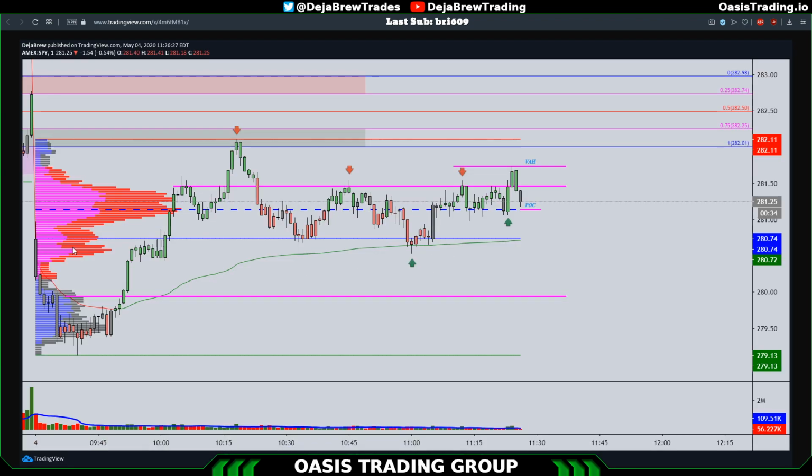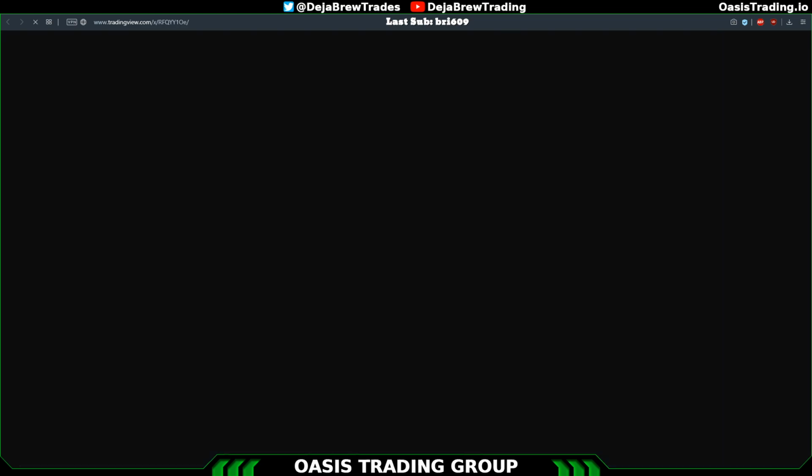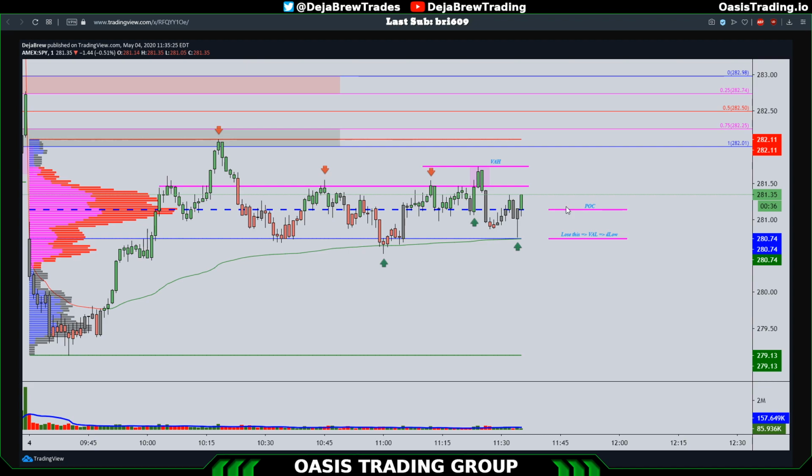So here is that value area high that we called out. Here's that POC being marked, and then I mentioned that if we lose this value area low, you're going to be looking for, if you lose the daily open, you're going to be looking for the value area low and the daily low, okay?